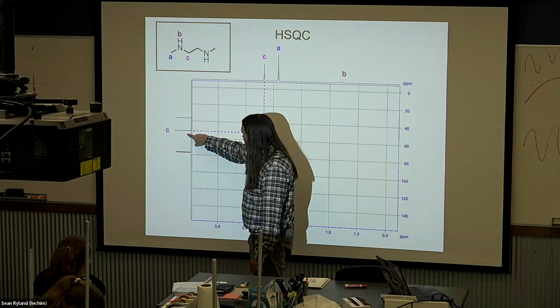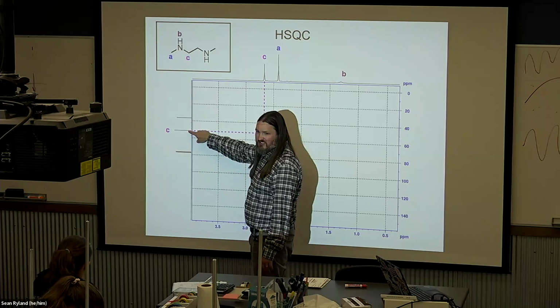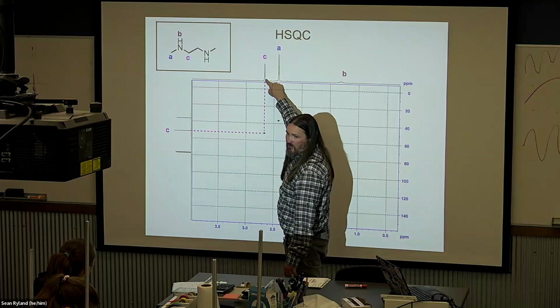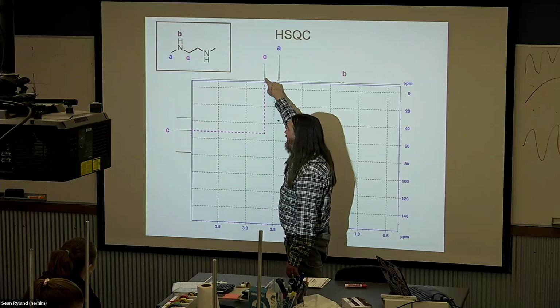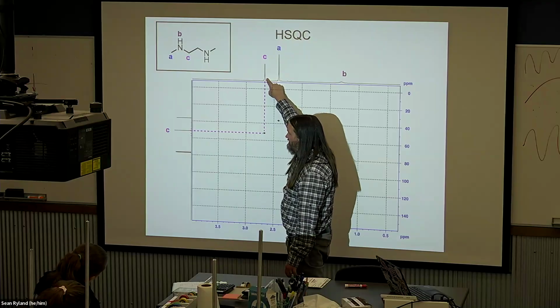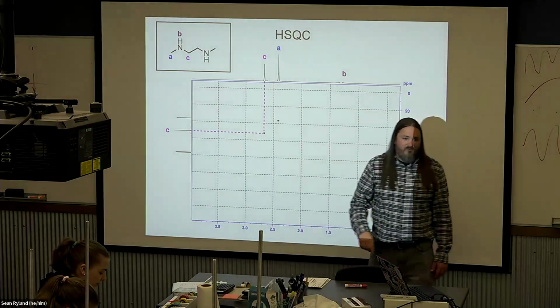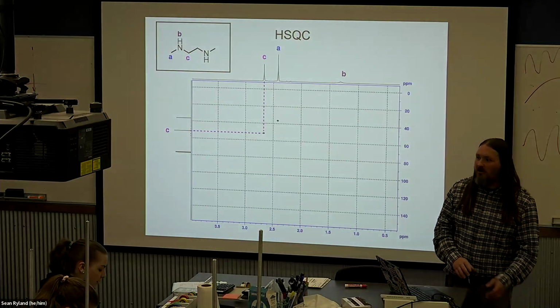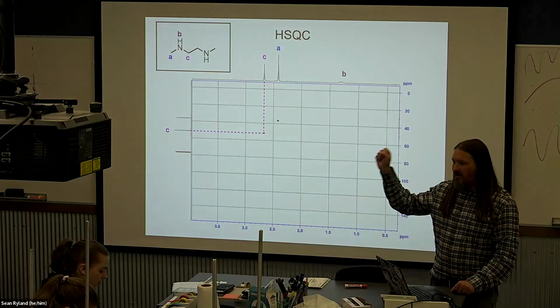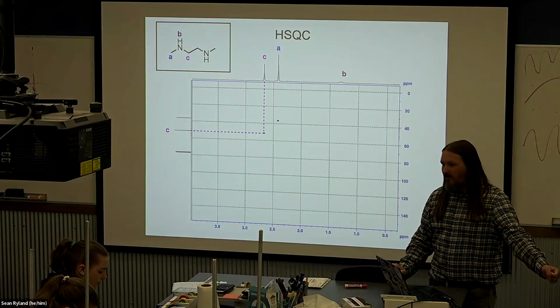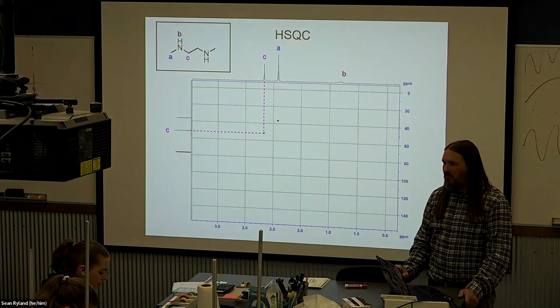Say, okay, this peak is carbon C. That tells us this proton peak has to be the protons that are on C. So it's almost like a foreign language dictionary. It gives you a one-to-one. This carbon means this hydrogen. Or this peak on the carbon NMR means that peak on the proton NMR.